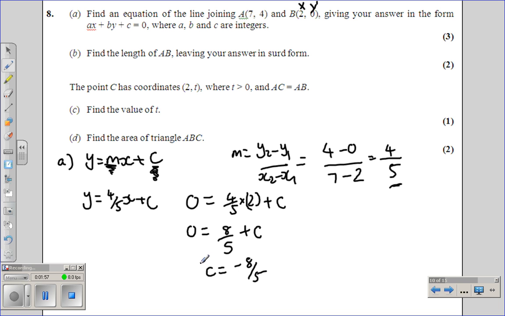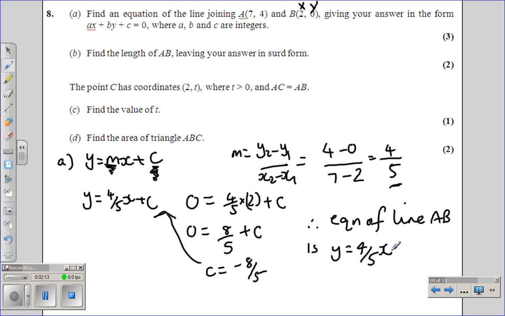And then we just need to pop that back in here. So we end up getting the final answer. Therefore, the equation of line AB is y equals 4/5 x take away 8/5, because that was c. Remember, it says you have to leave your answer in the form ax plus by plus c equals 0, and a, b, and c are integers.